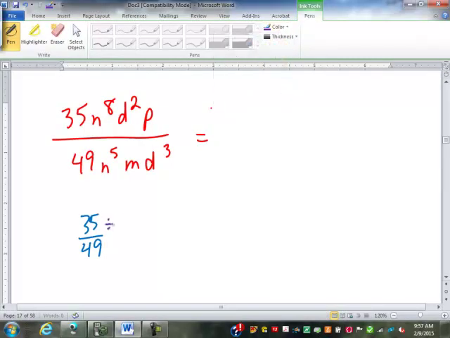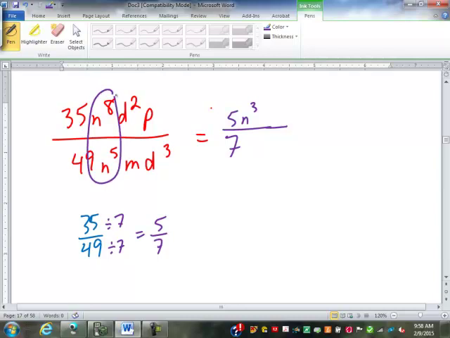Good. So 5 over 7. Then what? The n to the third, because the bigger n is on top. 8 minus 5 is 3.